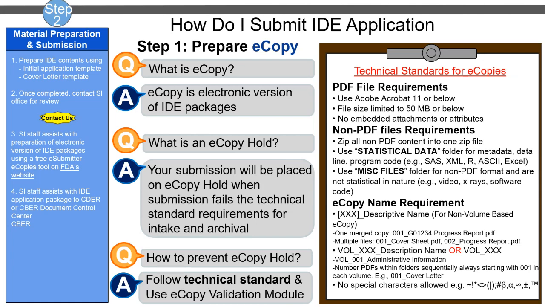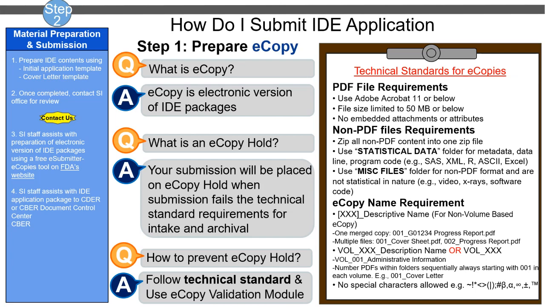Then the document's descriptive name, such as cover letter, administrative document, and so forth, followed by .pdf. For multiple folders, the document numbering in each folder should be done sequentially from 1, 2, 3.